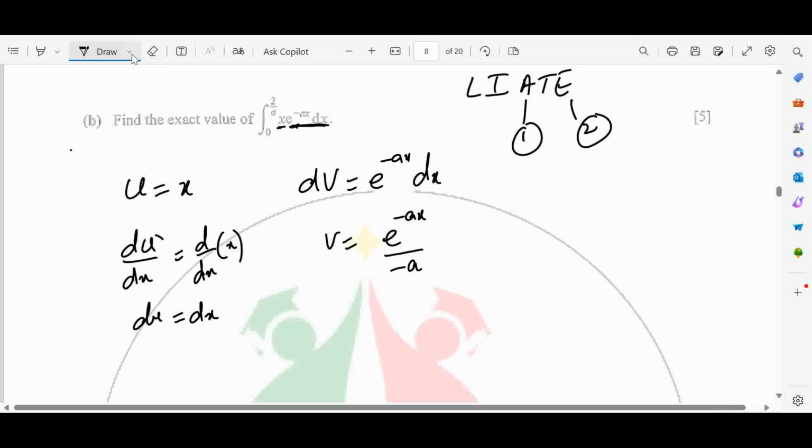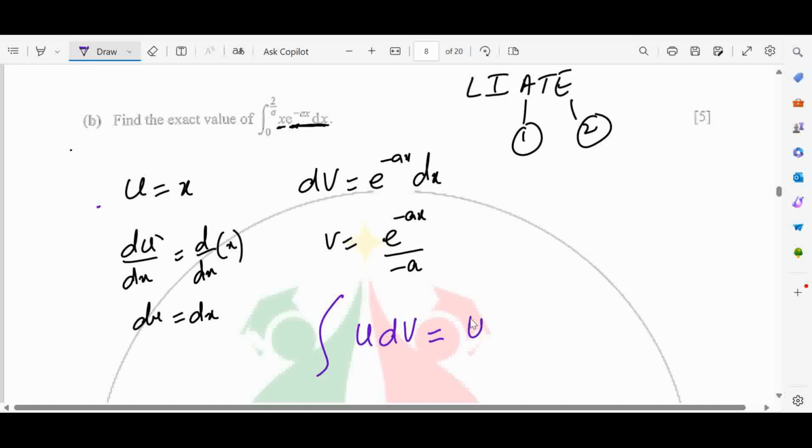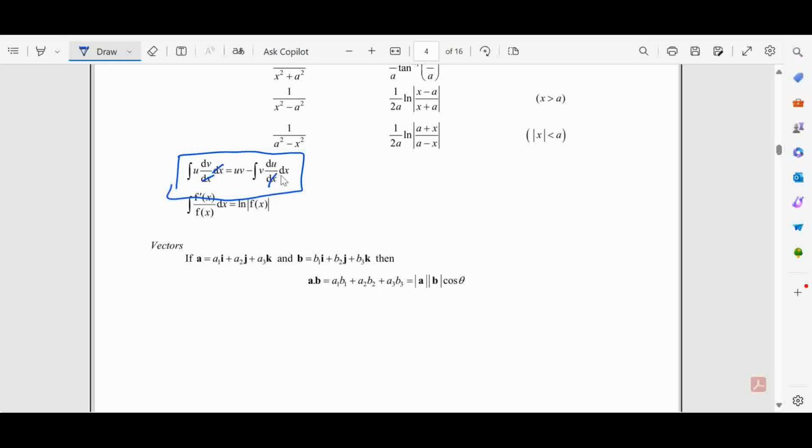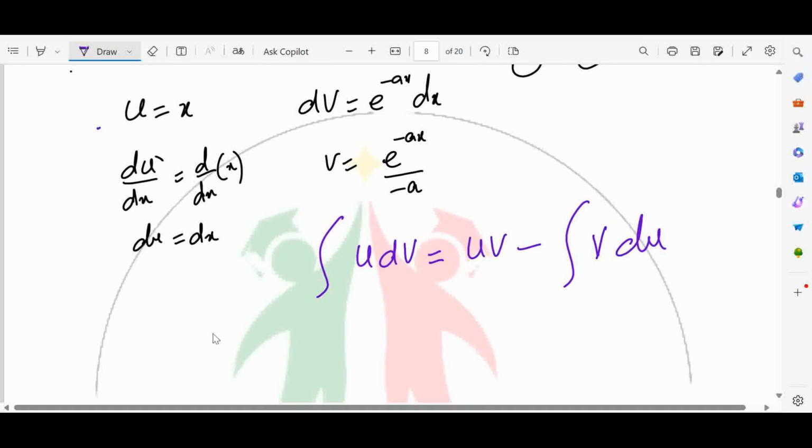Now we know the formula: integral of u dv equals uv minus integral of v du. Just put the values here. We know that u equals x and dv equals e power minus ax dx.